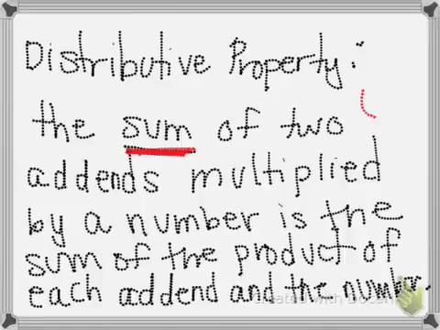You will have a number inside parentheses, and then a number on the outside. Then you will go through and multiply the 3 by everything that's inside the parentheses. Then those products, I will add them together. So that's distributive property.